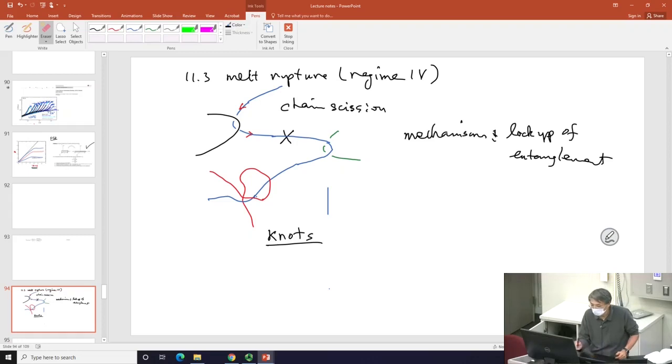A convenient place to do this, once you have some notion about what could be true, is to do a computer simulation, a molecular dynamics simulation.